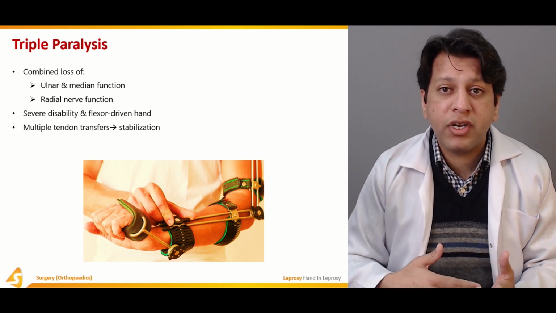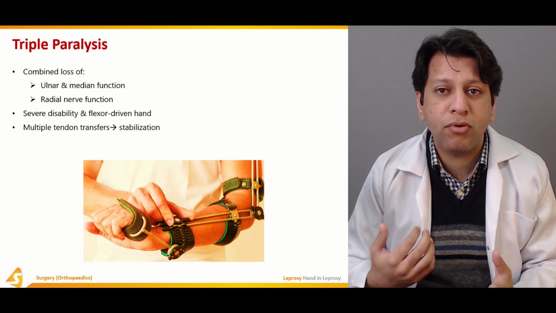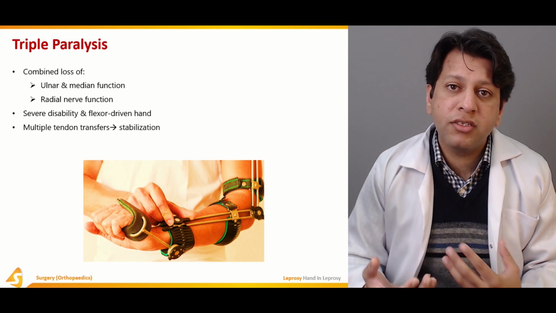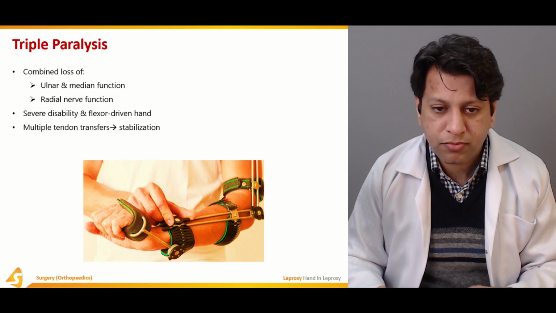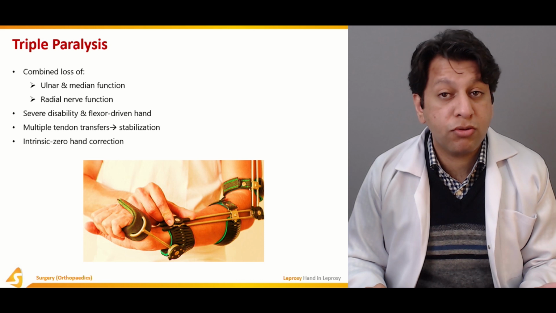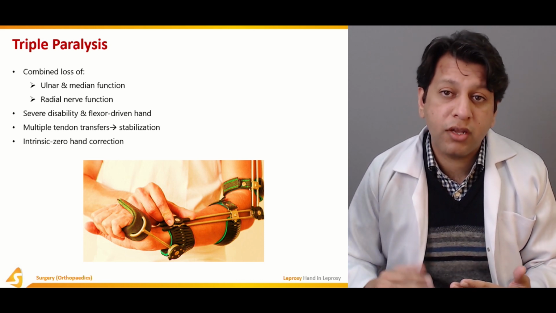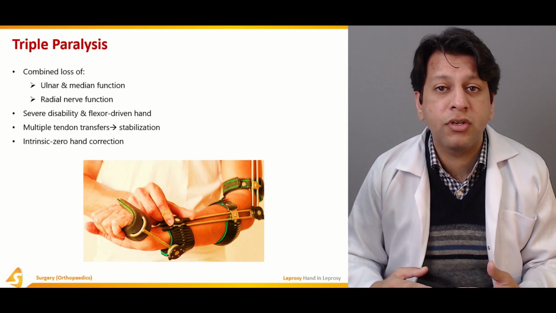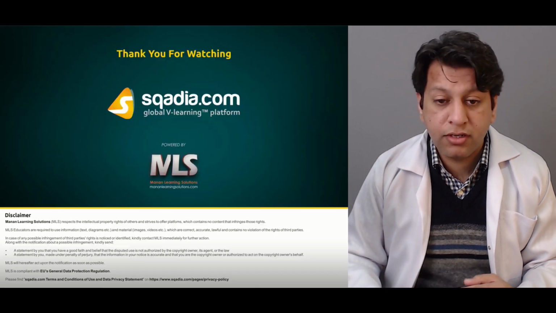But if some of the muscles are intact, they can be used for the transfer so that some amount of pinch and grip function can at least be restarted at the level of the wrist and elbow. Intrinsic zero hand correction may be required, but it depends upon whether muscles are available for correction or not. That determines whether the intrinsic zero hand correction can be done.